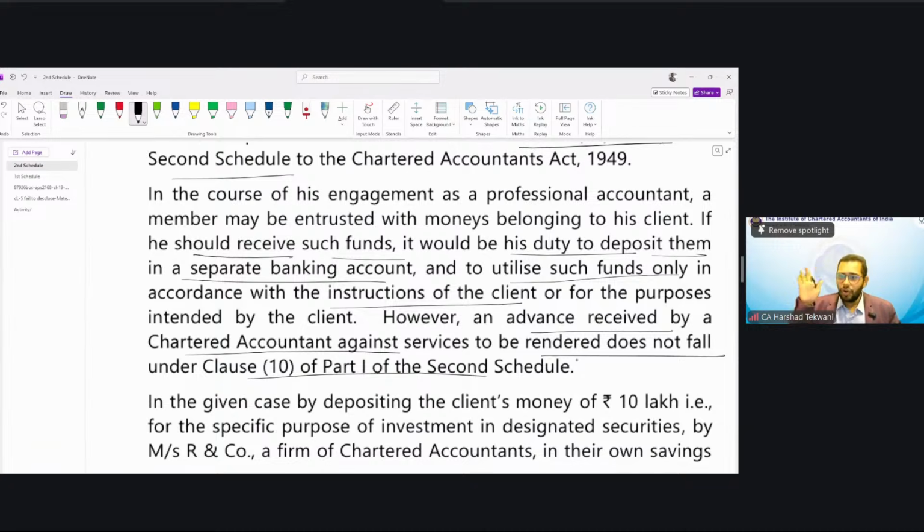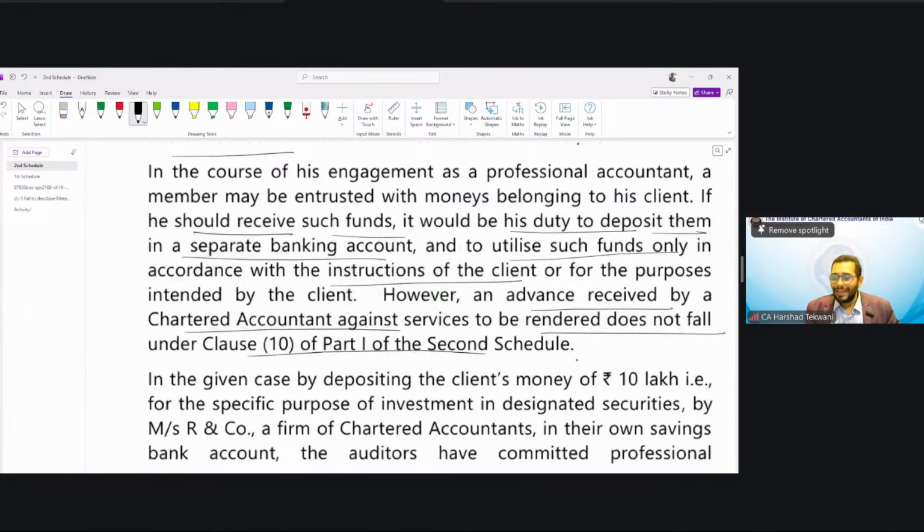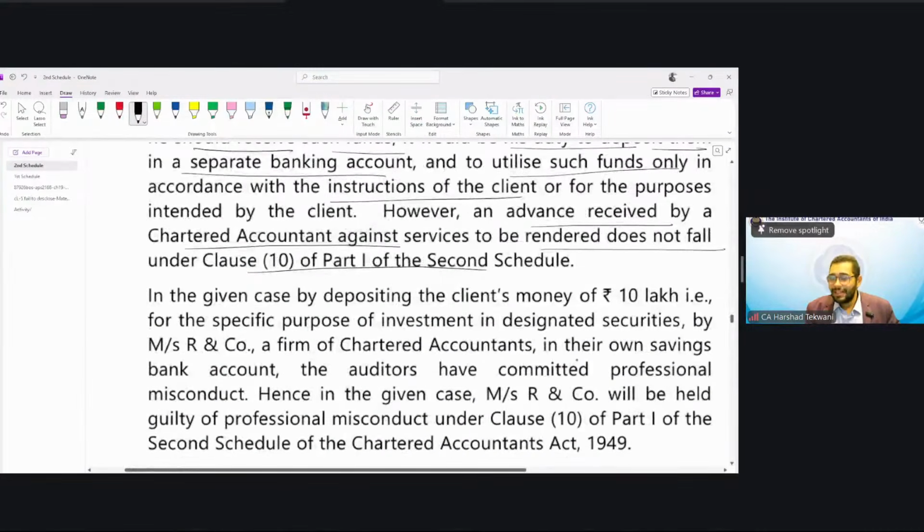So we already saw that. That's fees, so we did not raise an issue on that, but we raised the issue on the amount that was given for the purpose of designated securities, the 10 lakh rupees. They have committed a professional misconduct by not depositing or by not utilizing the given money for the specific purpose. As a result, Messrs. R and company will be held guilty of professional misconduct.